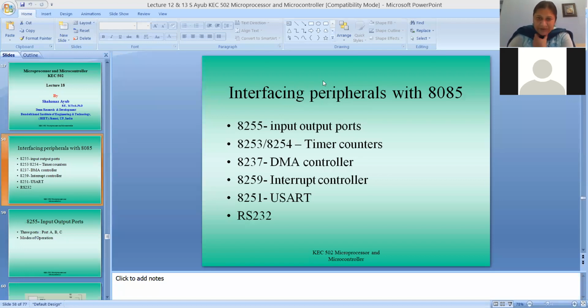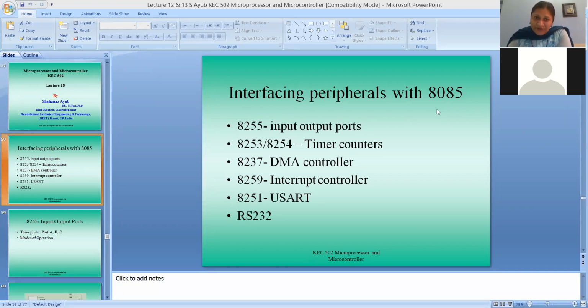I think it's visible now. Can you see 8255, 8253, 8254 written? Yes, ma'am. So these are the peripherals which we will interface with the 8085 microprocessor.